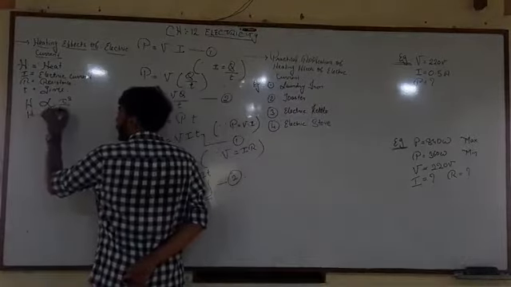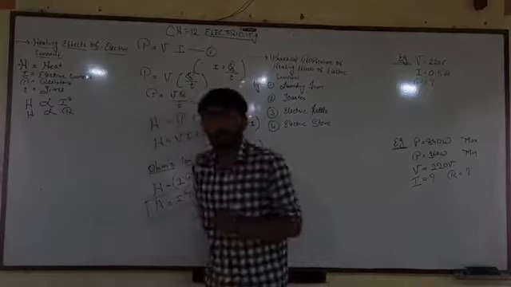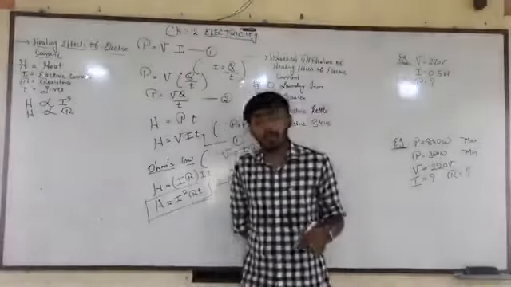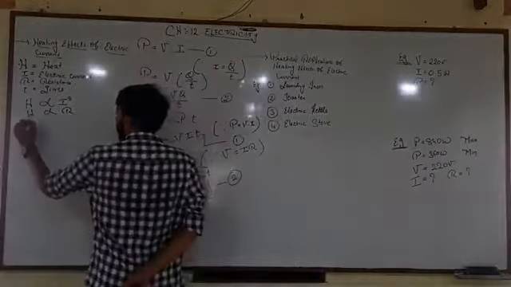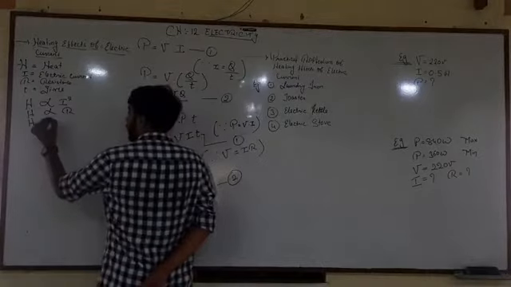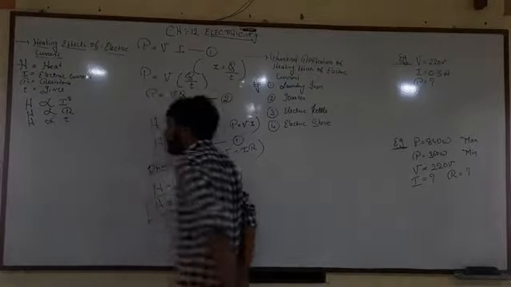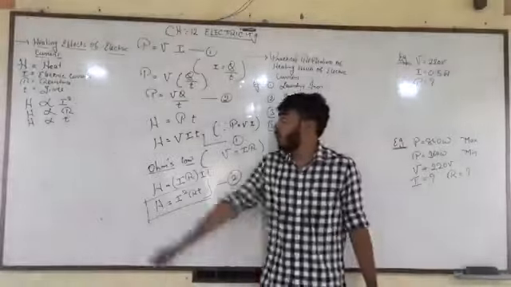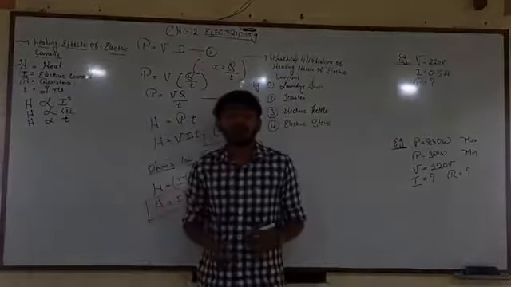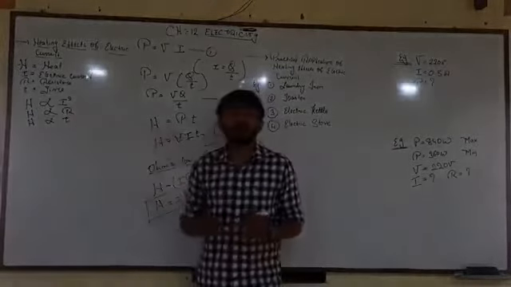Rather than that, everything is equal. Heat is directly proportional to resistance. If the resistance increases, heat also increases. And H is directly proportional to time T. They can also ask this in examinations.